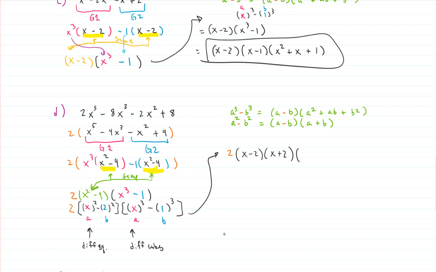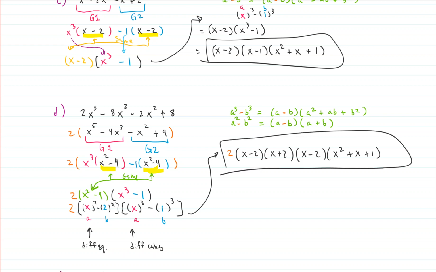That formula is a minus b, so x minus 1, and then x squared. And then a times b would be x times 1, which is just x. And then plus 1 squared, which is 1. There we go. We're done. So we had the difference of squares and the difference of cubes on that. And we had a common factor we had to pull out at the very beginning.